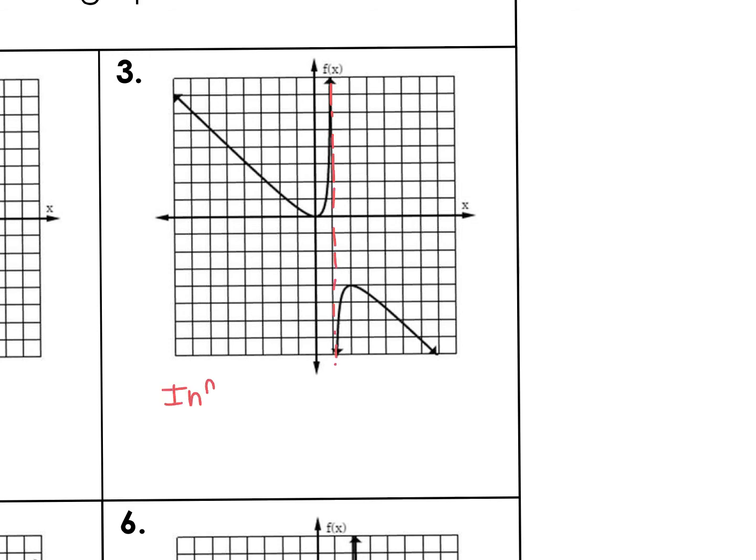So when it has an asymptote, we call it infinite discontinuity. And now I have to say, what's the x value of that discontinuity? And it looks like it's at x equals 1. That's the asymptote, at x equals 1.